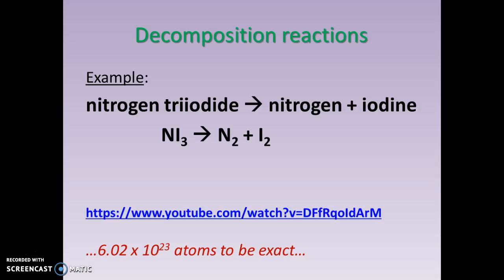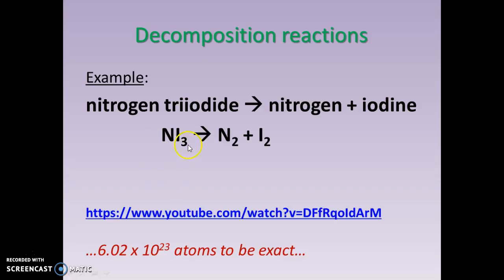It's just the slightest thing is going to set it off, and it's going to decompose into nitrogen and iodine gases. Again, there's N2, I2, because they're by themselves. So notice, for example, that the reactant also has nitrogen and iodine, but they're not by themselves. So it's not N2I2, it's NI3, so something different.